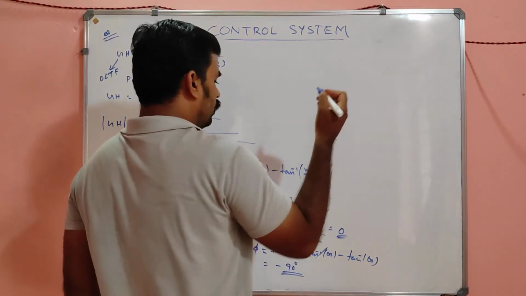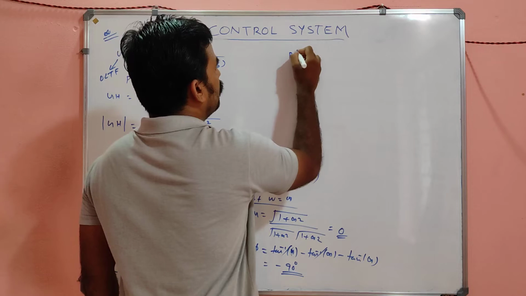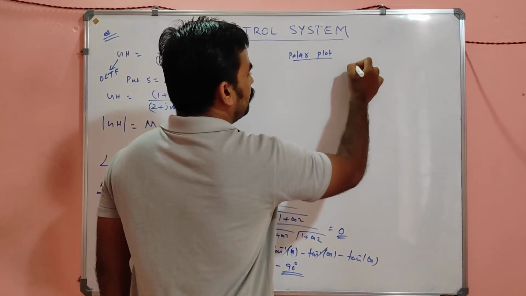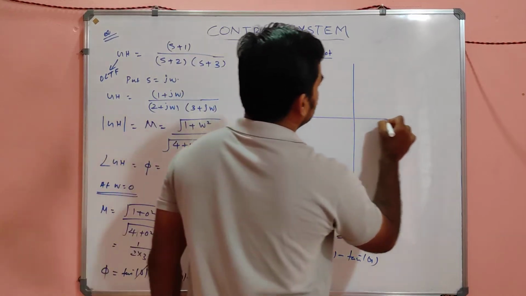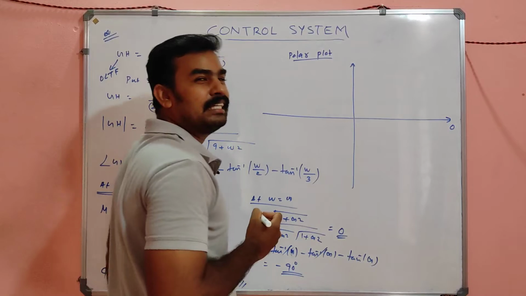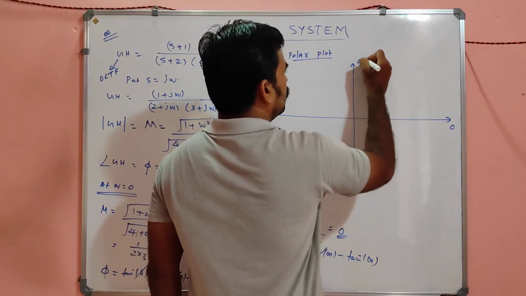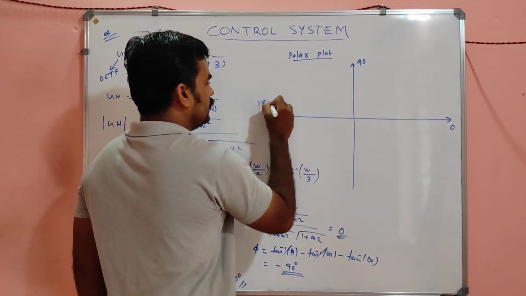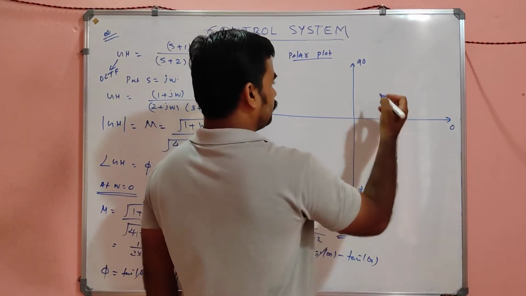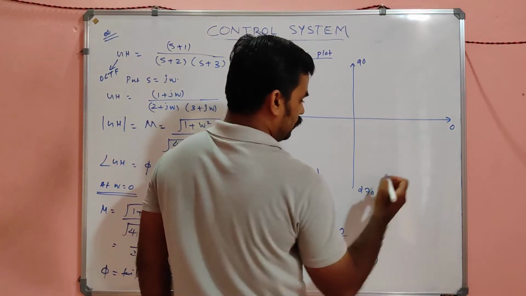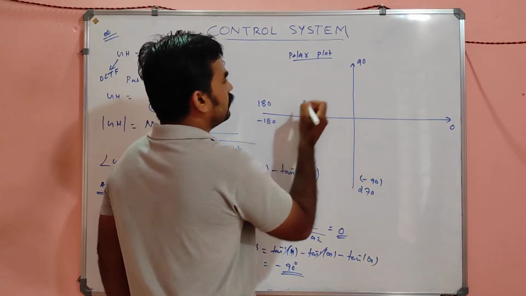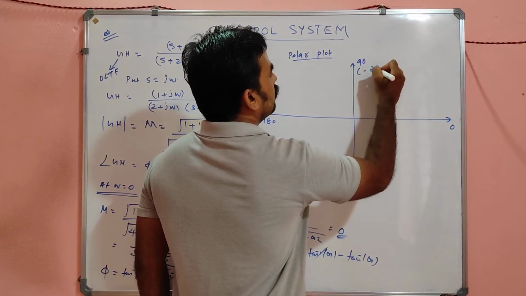So can we draw the plot now? What will our polar plot be? You have to take the axis like this. You have to mark the angle first: 0, 90, 180, 270, 360, and in clockwise also 0, minus 90, minus 180 and minus 270.